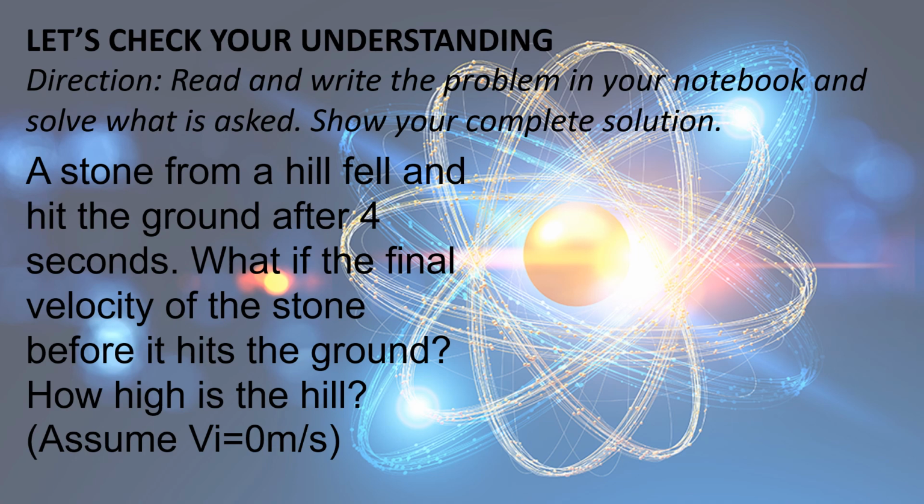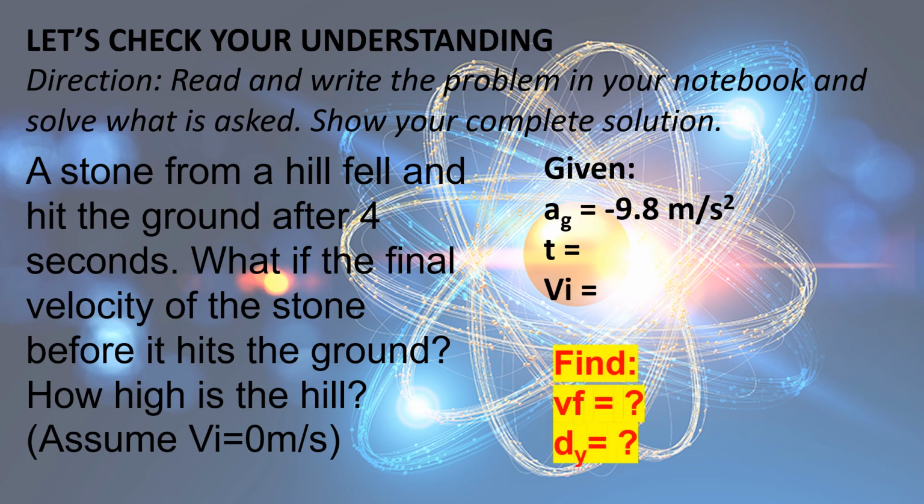So in this problem, let's assume that the initial velocity is 0 meter per second. So the given, we have the acceleration due to gravity, which is constant, negative 9.8 meter per second squared. So time, you write the value of time based on the problem and the initial velocity.